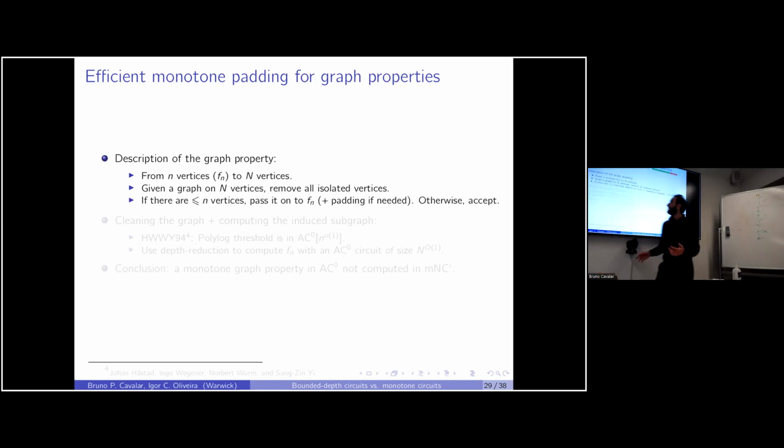If there are at most little n vertices left, then you put it on the original function, and maybe you pad with some extra isolated vertices if you need it. Otherwise, if there are too many edges and the graph has more than little n non-isolated vertices, you just accept. And that's monotone. That preserves the monotonicity.